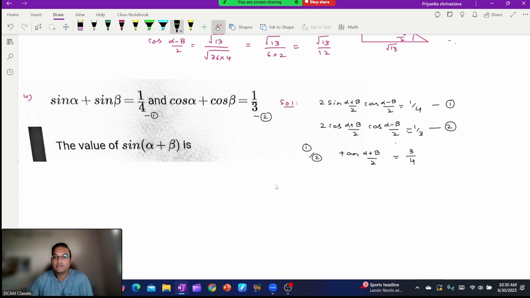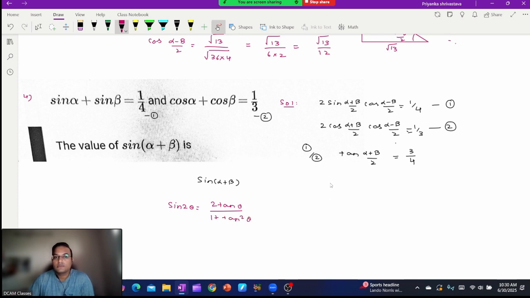Now they have asked you the value of sine of alpha plus beta. So how will you solve? Because we know sine 2 theta is equal to 2 tan theta by 1 plus tan square theta.